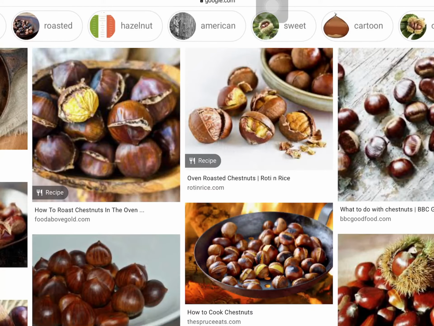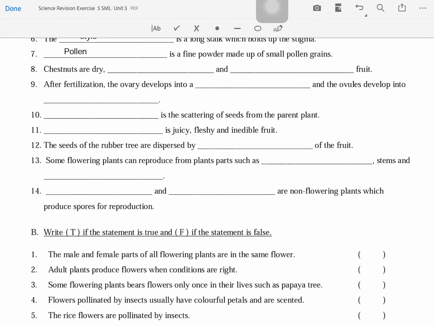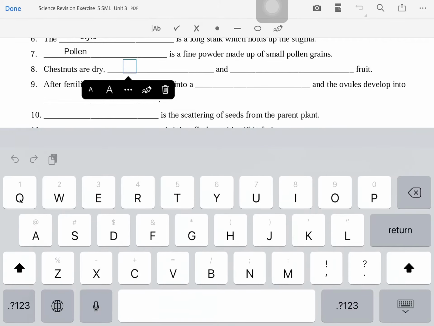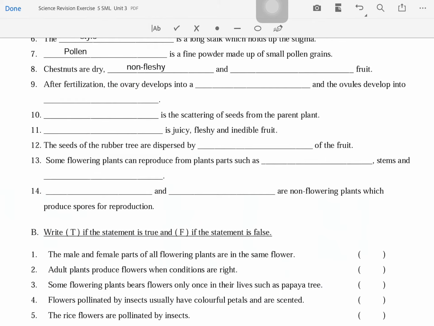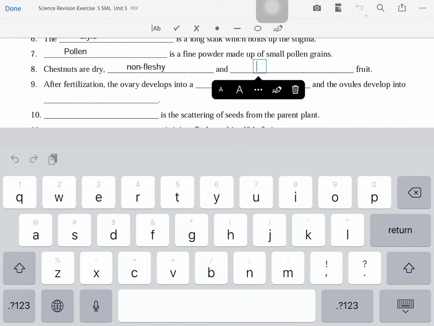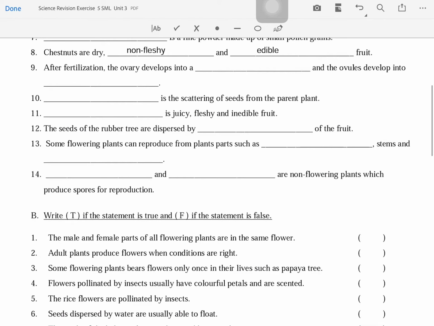A chestnut is dry, it's non-fleshy, and it is an edible fruit, which means you can eat it. Now moving on to question number 9.